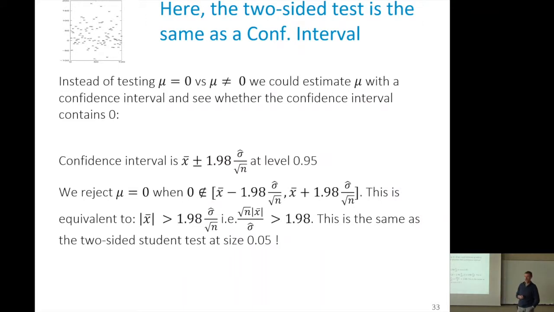We have discussed the two-sided tests, but we could also, in this case, do something else that we know already. Instead of testing whether mu is equal to 0, we could simply estimate mu with a confidence interval. In fact, this is what I recommend to do whenever we can have confidence intervals about the parameters of a model.